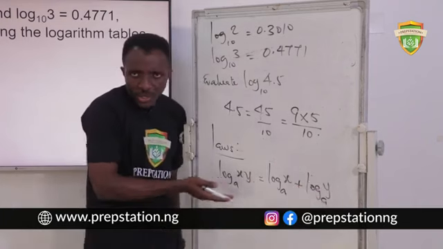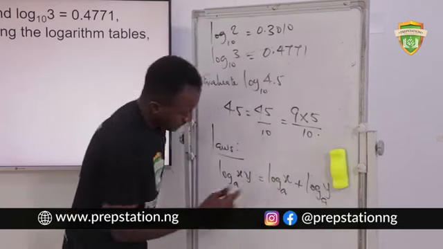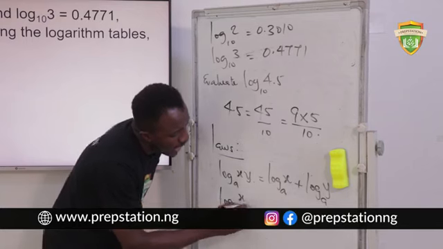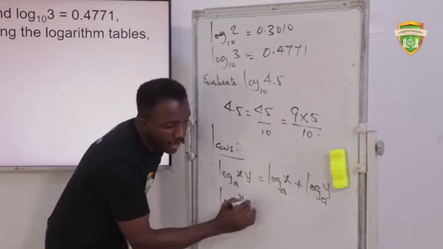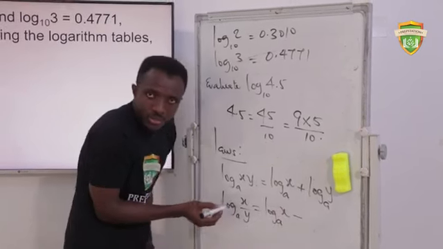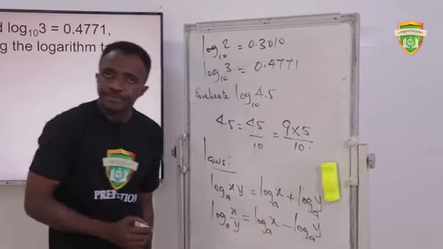I need you to put this somewhere in your book because we're going to make reference to this one. Number one. Also, it is important to note that log x over y base a is the same as log x base a minus log y base a.